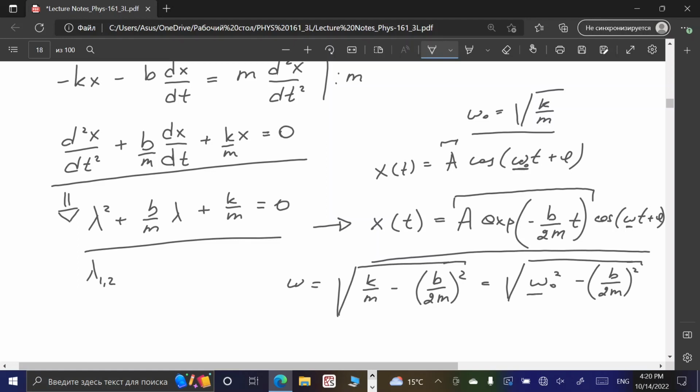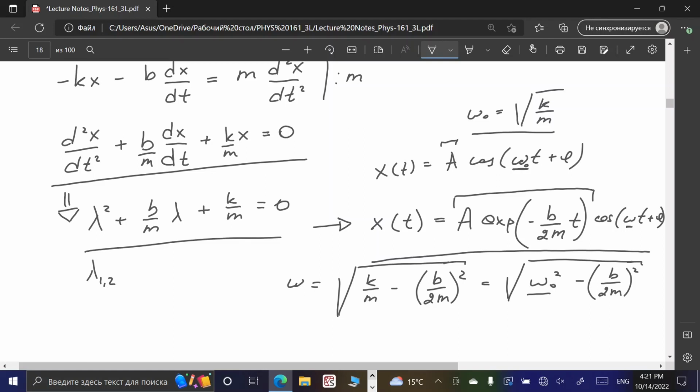So natural frequency minus some term which is determined by the interaction of the block with the environment, the drag force coefficient, and also the mass of the block. So actually, the resultant frequency will be smaller in the presence of drag force than the one we would expect for the block spring system without any drag force.